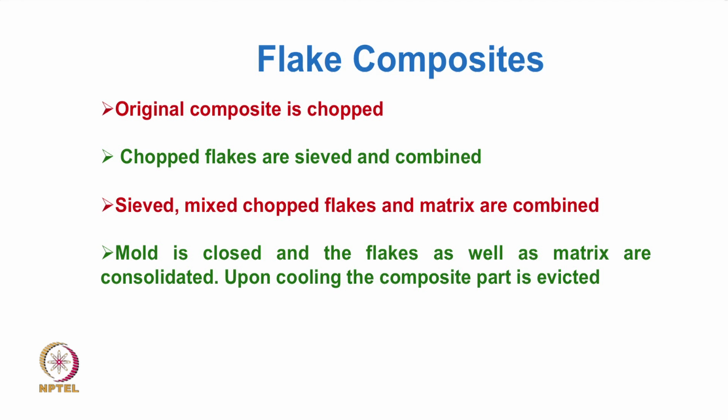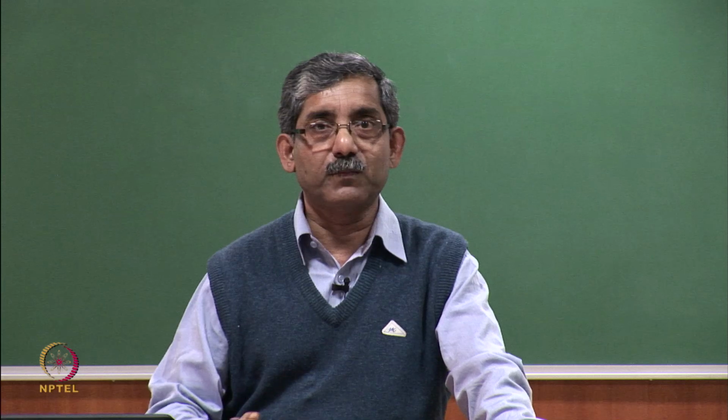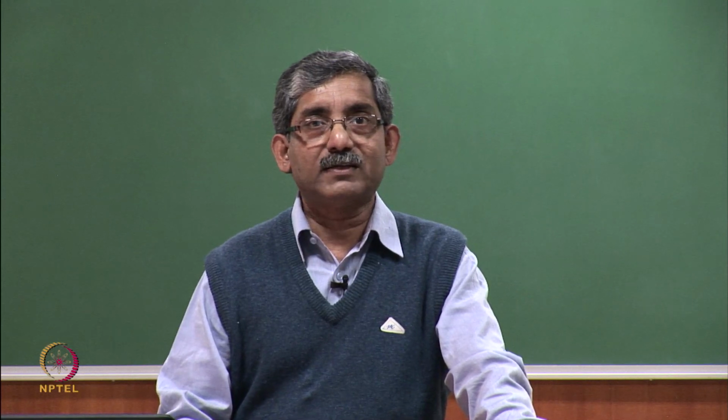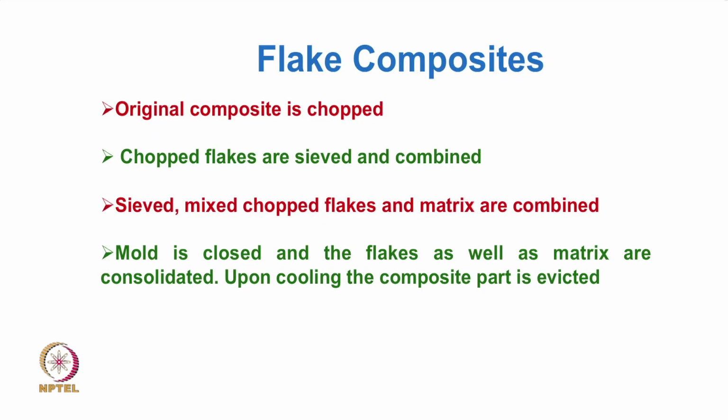So, the parent composite is chopped into flakes. Initially the parent composite is normally a thermoset matrix, which we can chop to make smaller flakes. The flakes are then sieved into different classes of sizes.